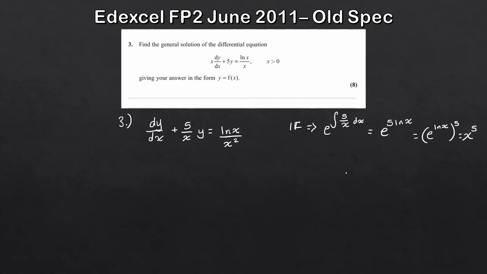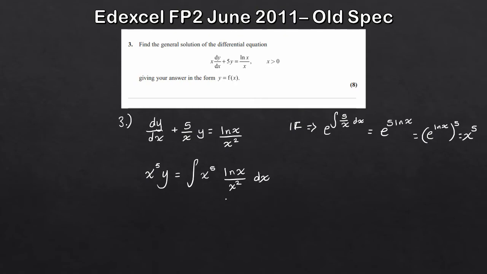So we've got the integrating factor now. Now we need to get the general solution. Remember, for the general solution, we always do the integrating factor, so x to the 5 times y. This is equal to the integral of the integrating factor, x to the 5, times my last term, so this is ln x over x squared dx.